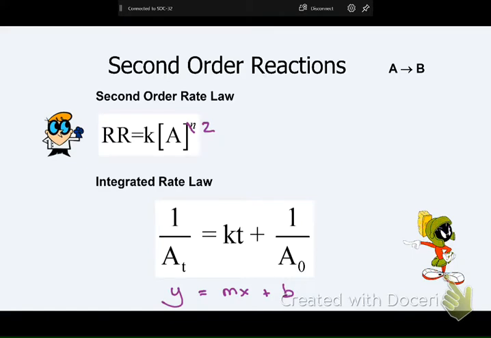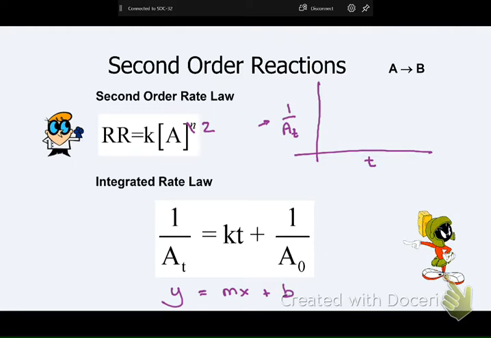So that means if you make a graph, and you put time on this axis, and 1 over the concentration on this axis. So you're going to do an experiment, you're measuring concentration at different times, right? And then you graph 1 over concentration versus time. What you'll get is a straight line.